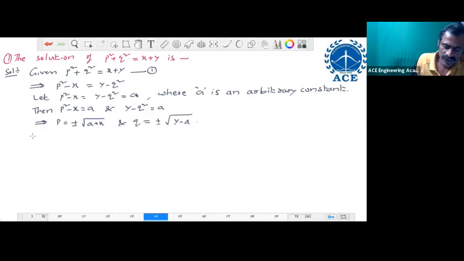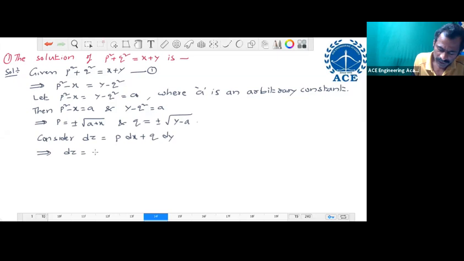So to find the solution z in terms of x and y, consider the total differential. Consider dz equal to p dx plus q dy, which implies dz equal to, in place of p, plus or minus under root of a plus x dx, plus or minus under root of y minus a dy.